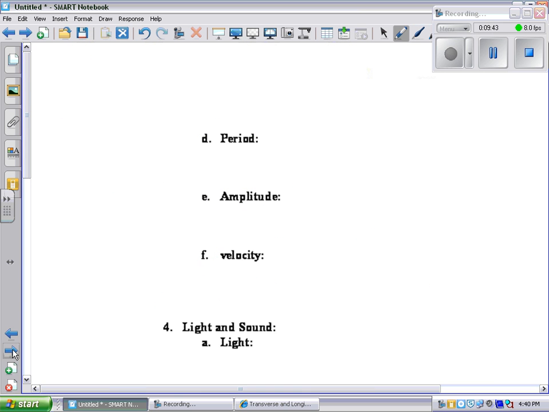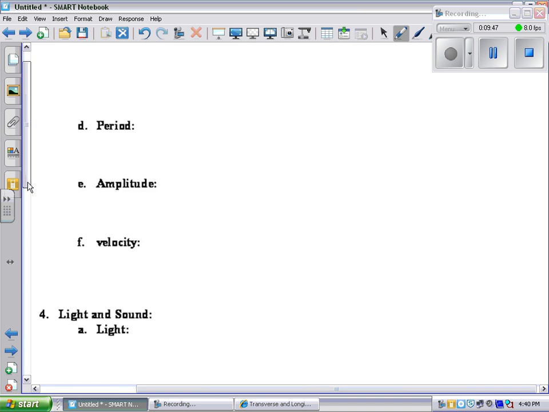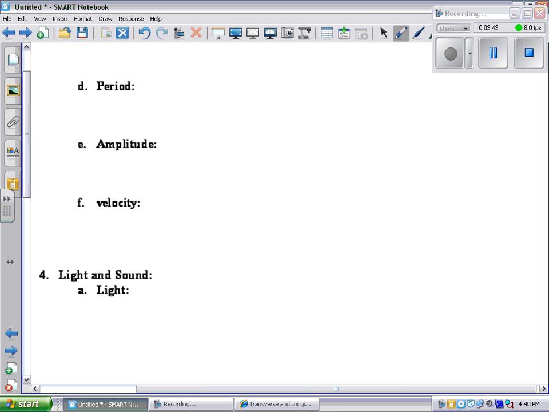Top of the next page, we're going to define period. The period is the time for one cycle. So we might say that it is seconds per cycle. The letter for it is capital T. Now, seconds per cycle, you notice frequency was cycles per second. This is seconds per cycle, so they're inverses.